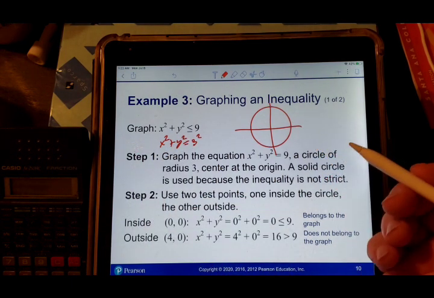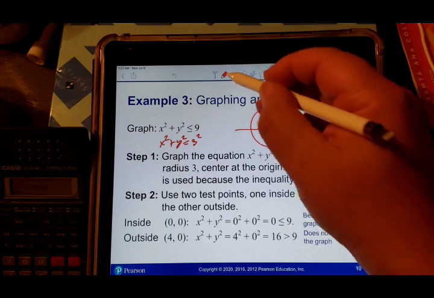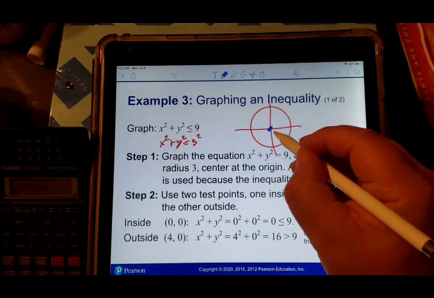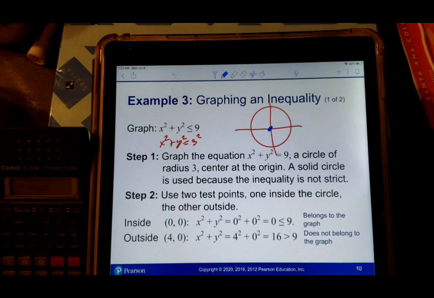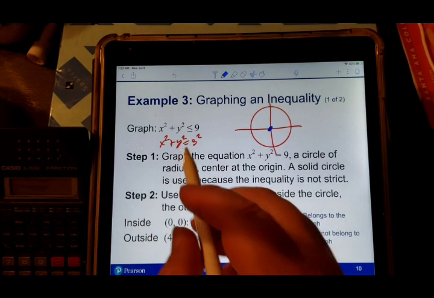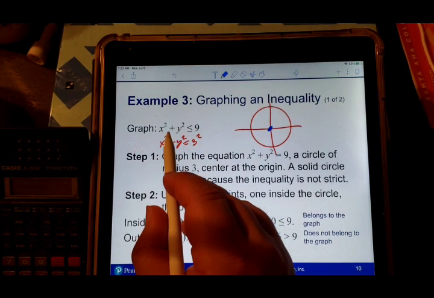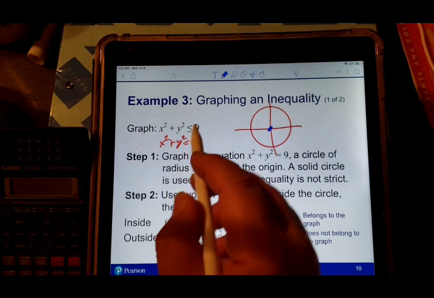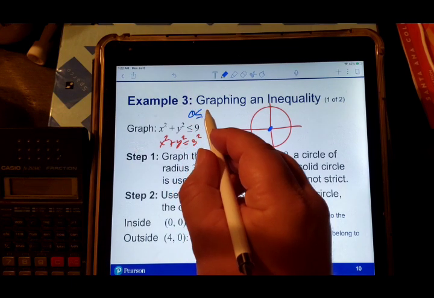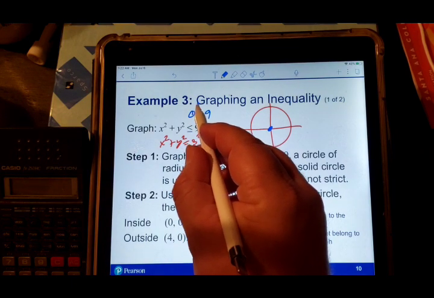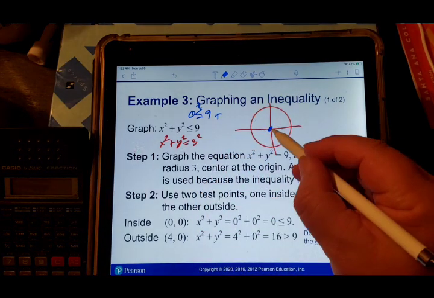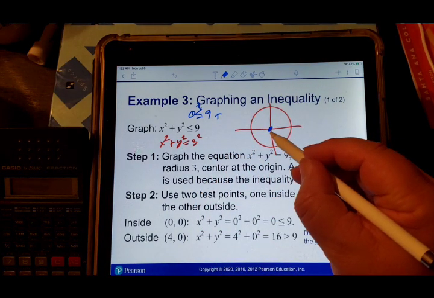This has created two sides, an inside and an outside. My favorite point to test is (0, 0). So let's test that in the original inequality: 0 squared plus 0 squared is less than 9, which gives 0 is less than 9. That is true. So the test point gave me something true.